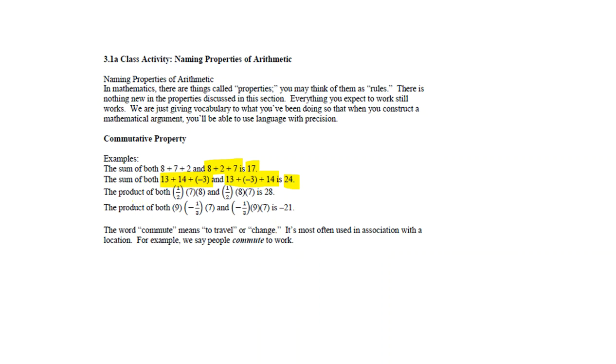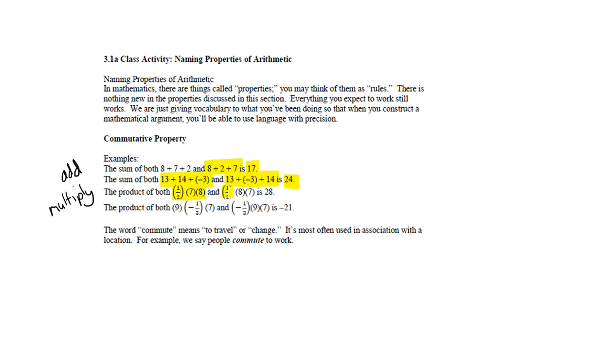Now remember, sum is adding. So notice that when we're adding, it doesn't matter what order we add in. The next examples involve the product, and that means to multiply. So when you multiply 1/2 times 7 times 8, you get 28.